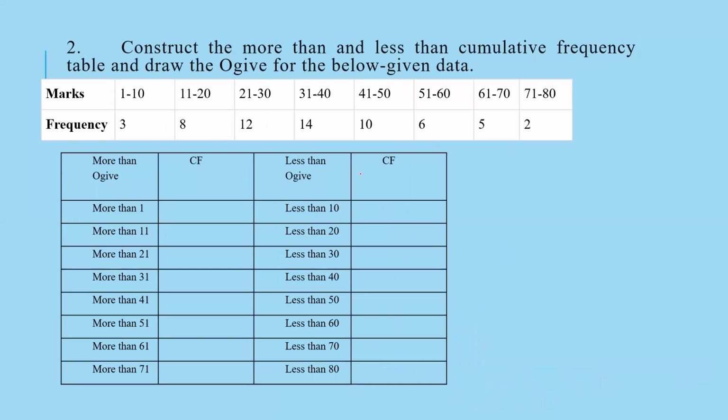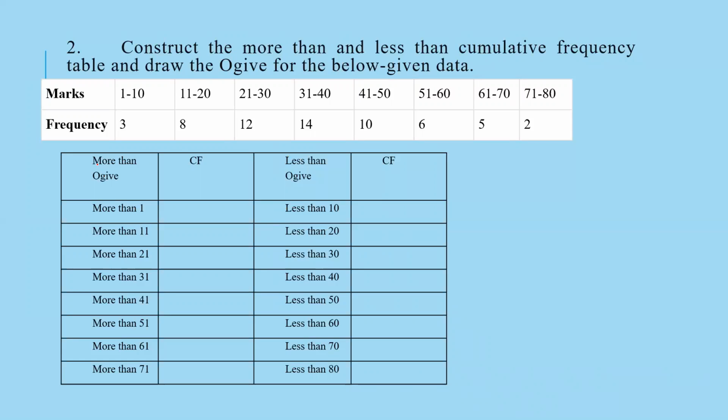The second question is, you're being asked to draw an ogive for the following frequency distribution. So as you know, for drawing an ogive, a less than or a more than ogive, you need to now prepare the more than ogive and less than ogive table.